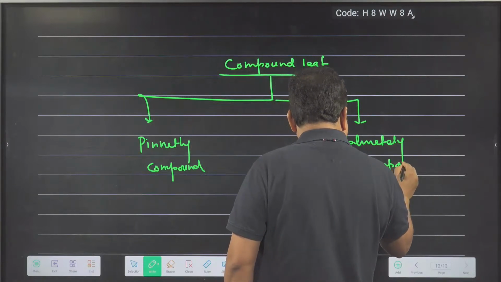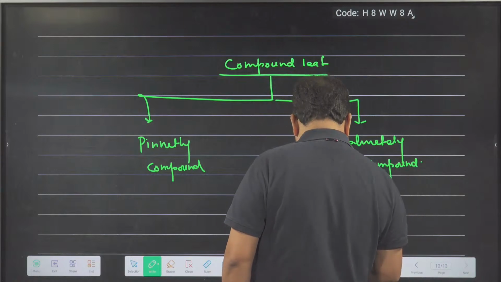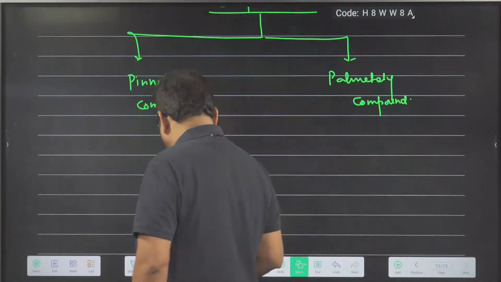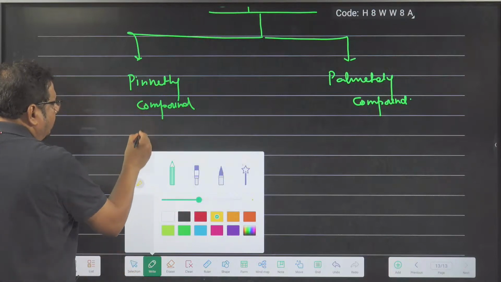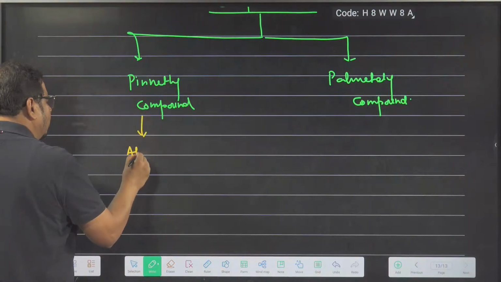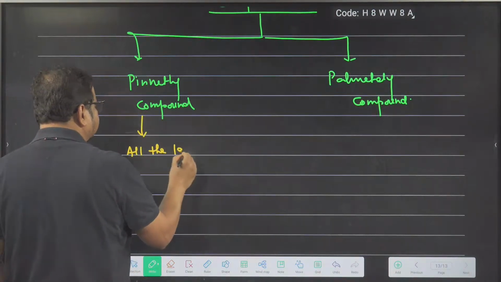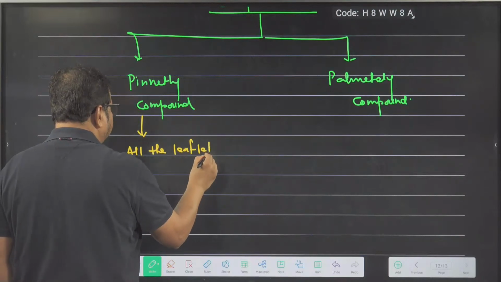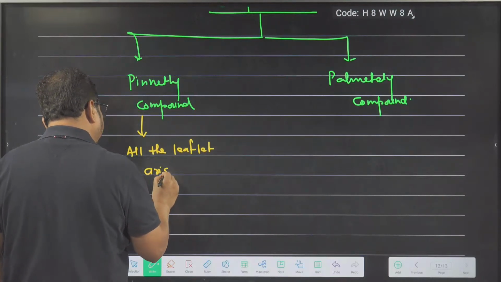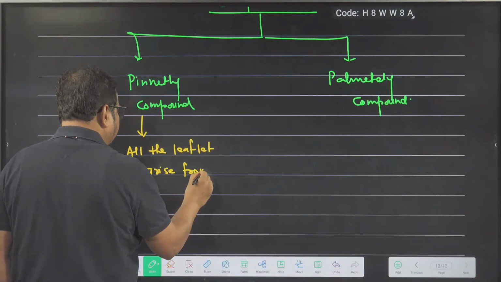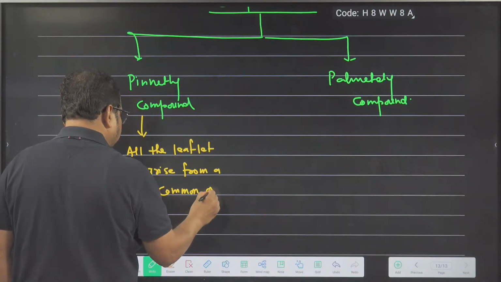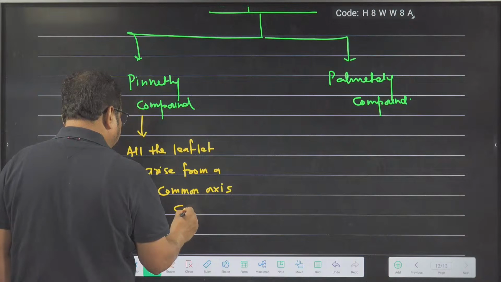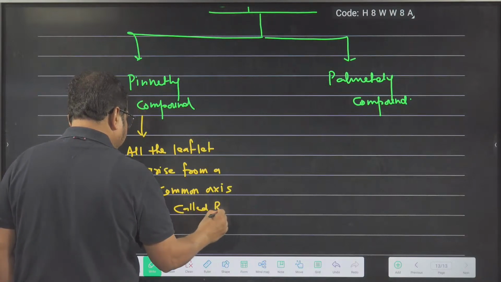If you talk about pinnately compound leaf, what happens? All the leaflets arise from a common axis called rachis.